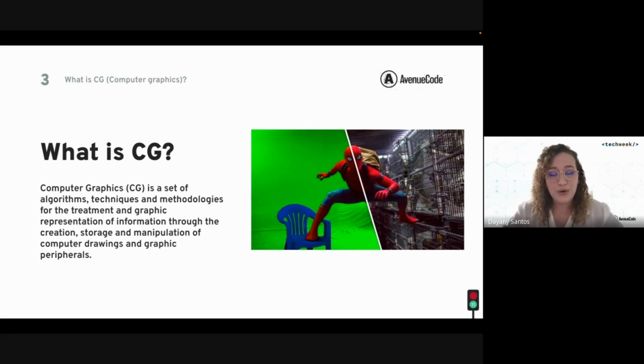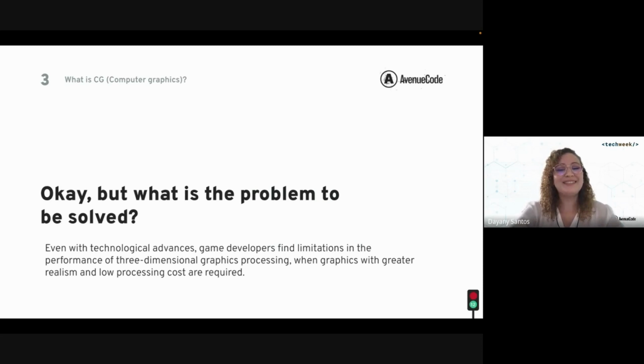We already know that CG is applied in different sectors of the economy, such as entertainment, movies, games, education, training, art, geoprocessing.